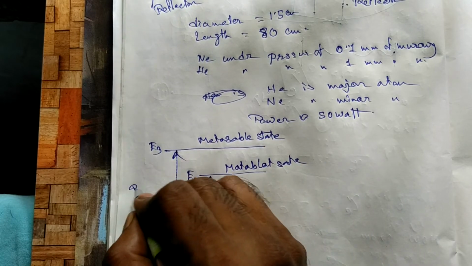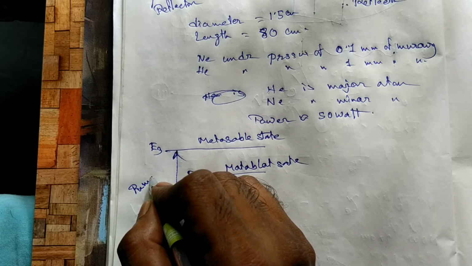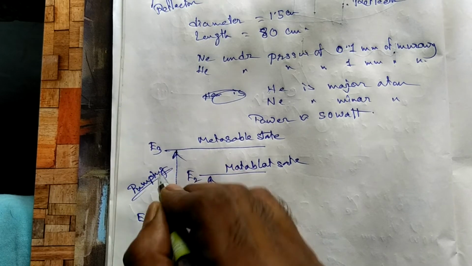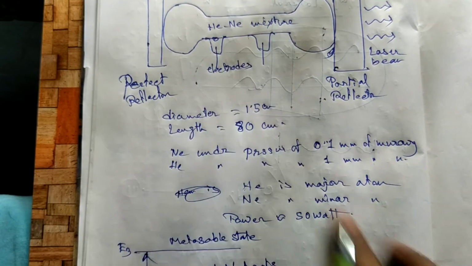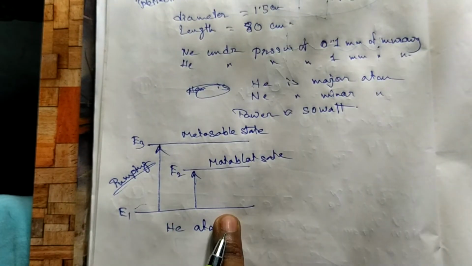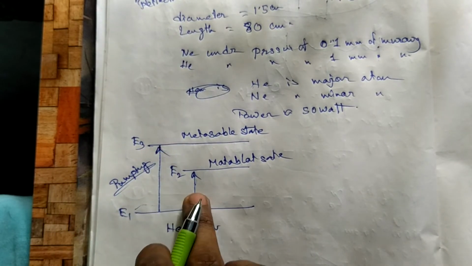This process is known as pumping. Due to this pumping by external energy from the electrons, the helium atom in the ground state is excited and jumps to the two metastable states E3 and E2.